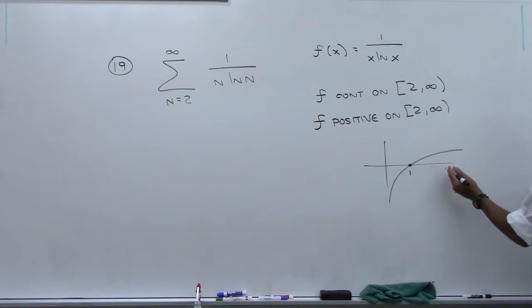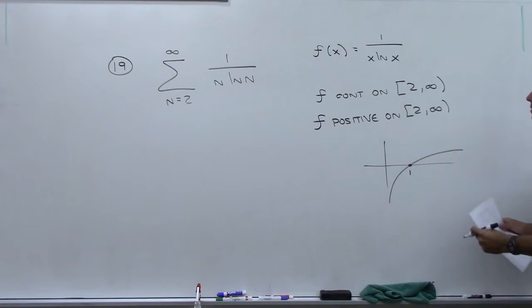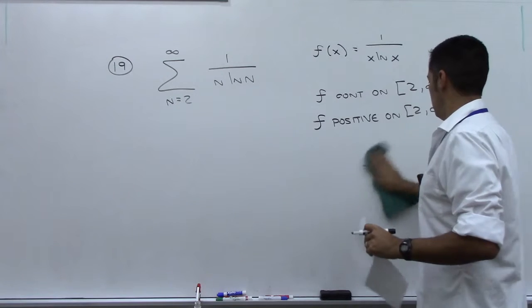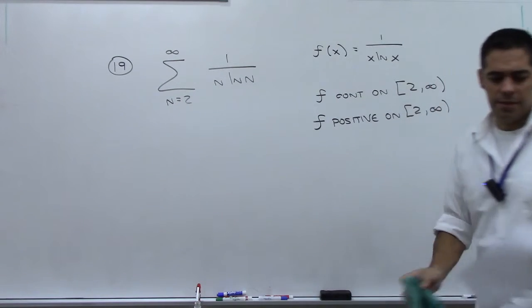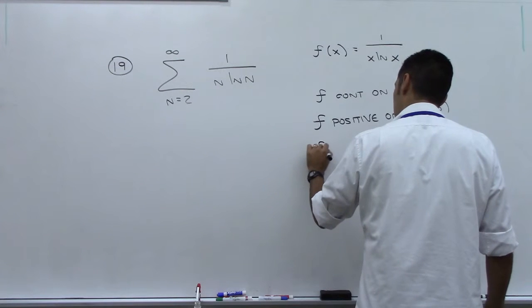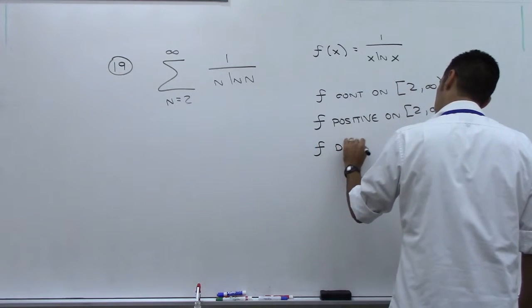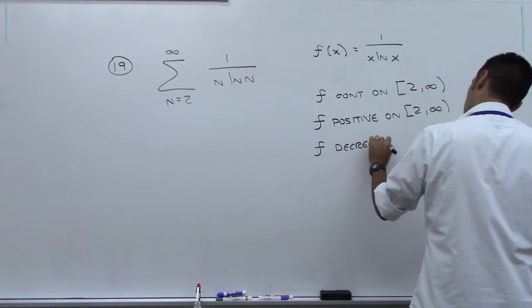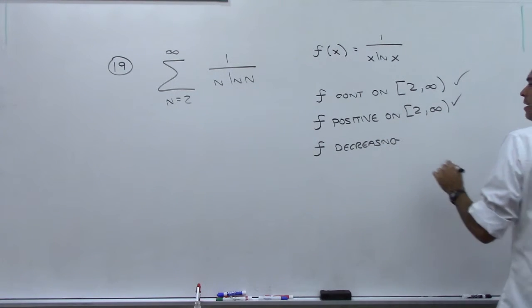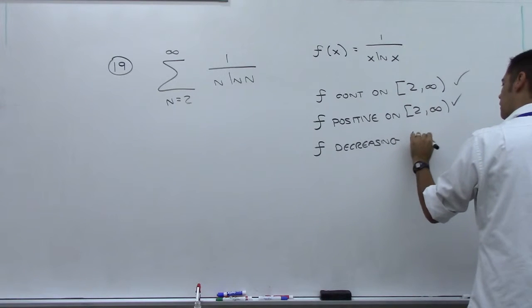And so after I get past 1, the natural log function is positive. So I know that this is also positive. And then now I need to show that f is decreasing. It's positive, it's continuous. Eventually, right?